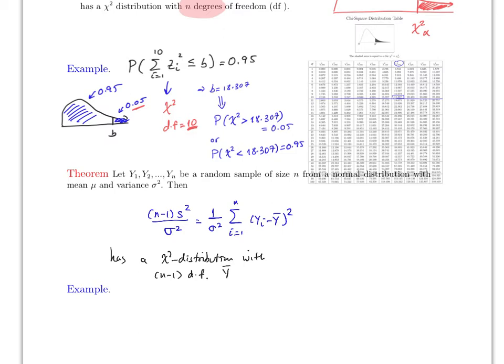And also y bar and s square are independent, where s square is called the sample variance, and this equals the sum of (yi minus y bar) square divided by n minus 1.